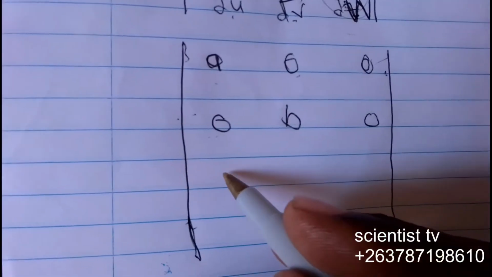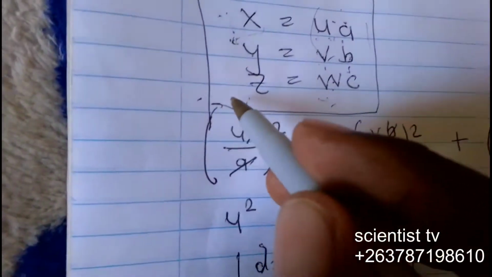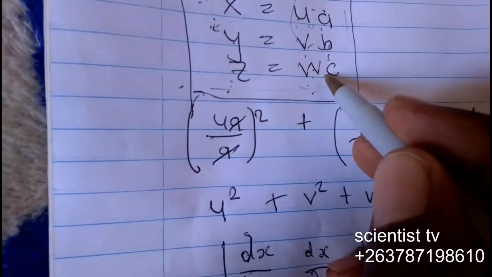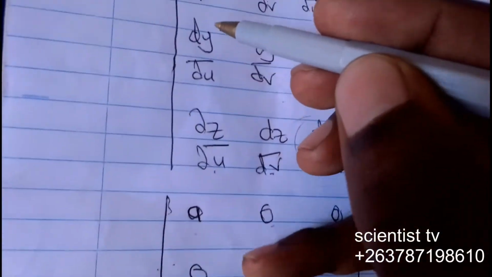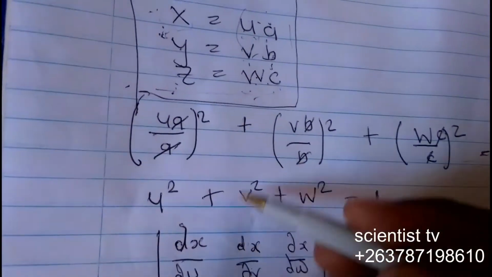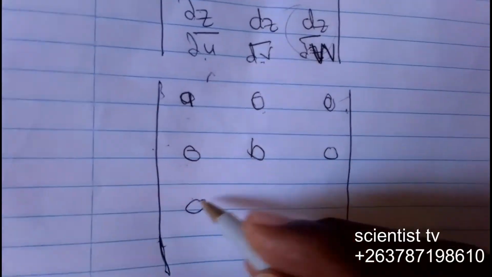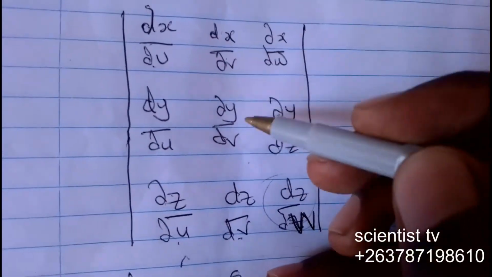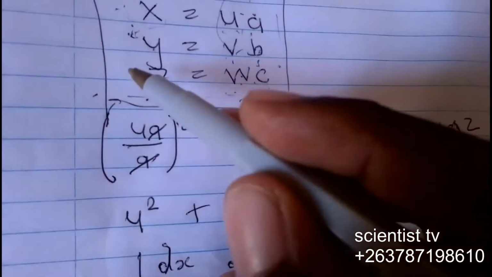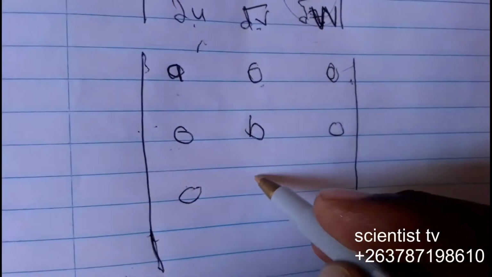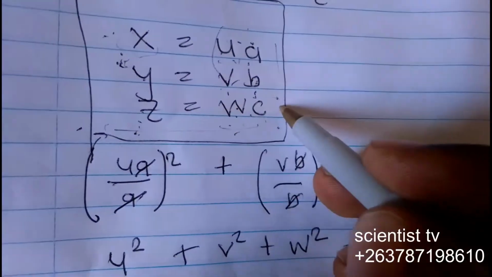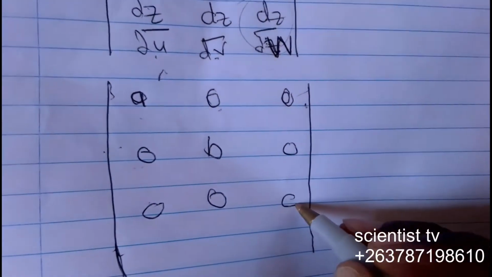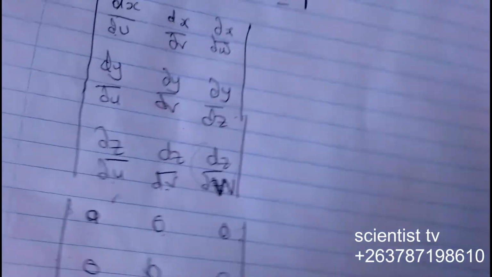Then we go to the third column, which is this one, dz/dw, no, we are starting with u, so we are in the u column, dz/du, which is 0. Now dz/dv, which is also 0. Now dz/dw, which is c. So what's the determinant of this thing?